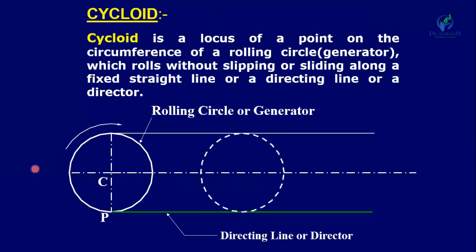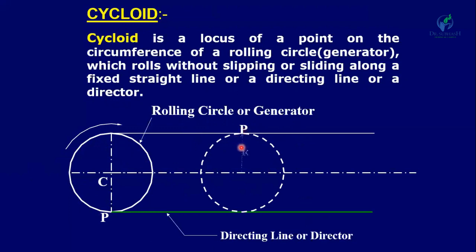After 1/2 revolution, this circle will reach here. So this is the position of the circle after the 1/2 revolution. At that time, the point on the circumference of this circle will reach the top of the circle.